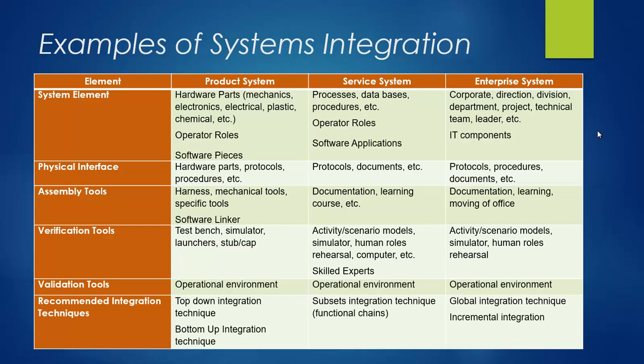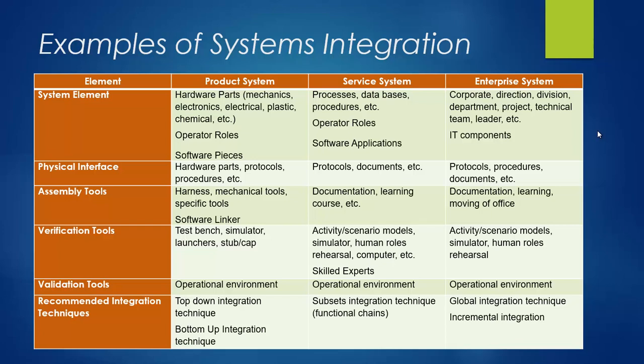If we are talking about an enterprise system, which is corporate direction, division, department, project, technical teams, leaders, those elements are the people, the procedural data, the hardware, the software; all these components need to be put together.